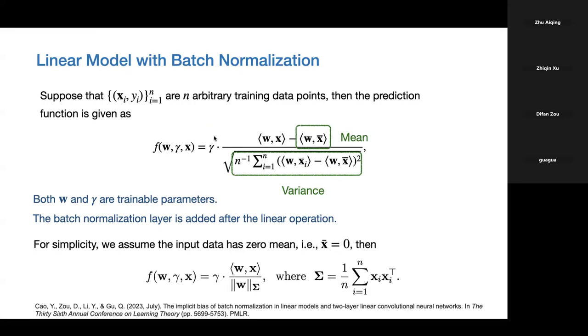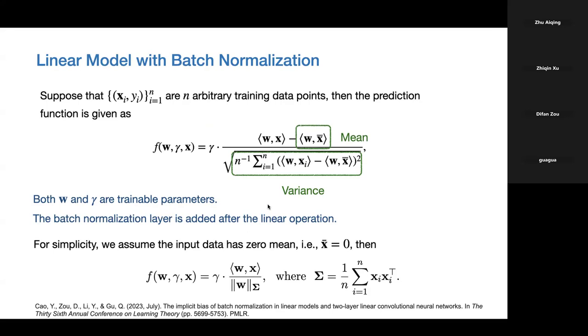Then further, we add a gamma as a scaling parameter. So in the training process, we will train both the linear weight W and the scale parameter gamma.